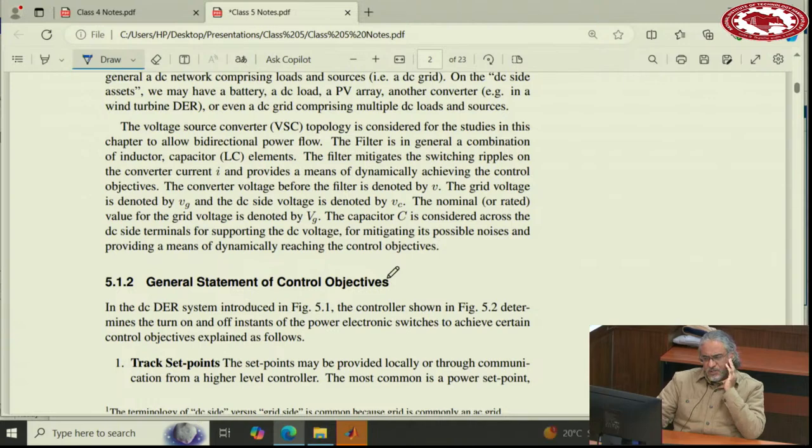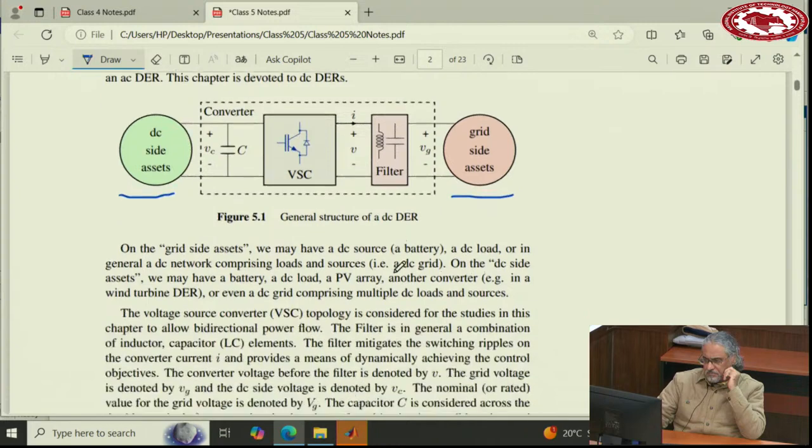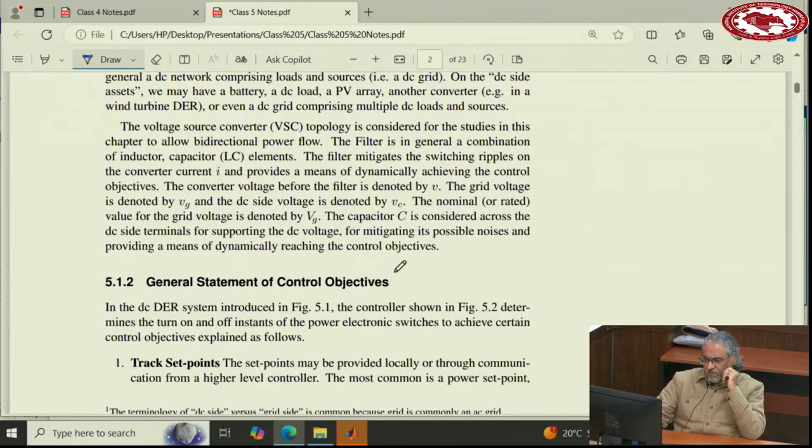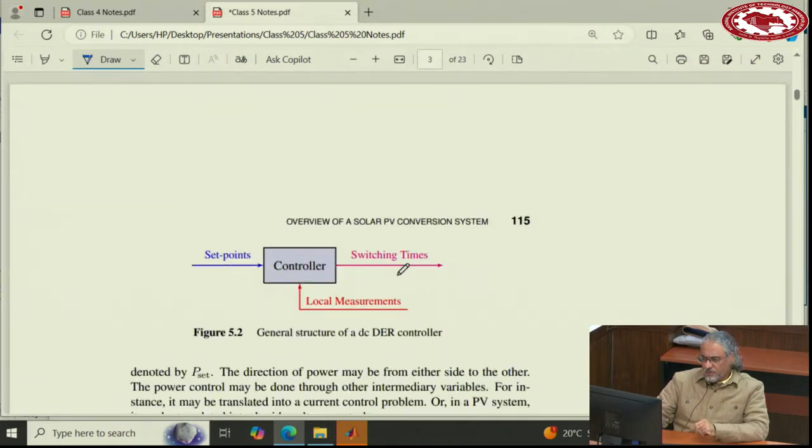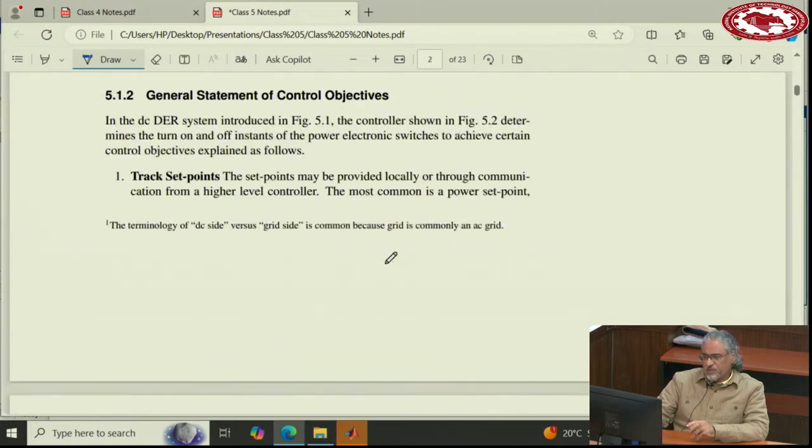So what is the general statement of control objectives in this system? This is the controller that receives some local measurements. We do not rely on non-local measurements. All measurements are local at this level, and there are some set points, and then the controller generates the switching times for the switches inside the converter.